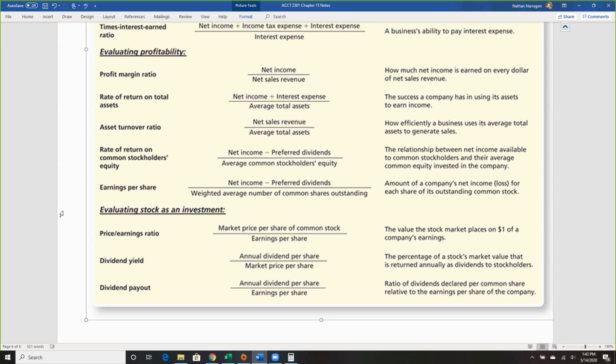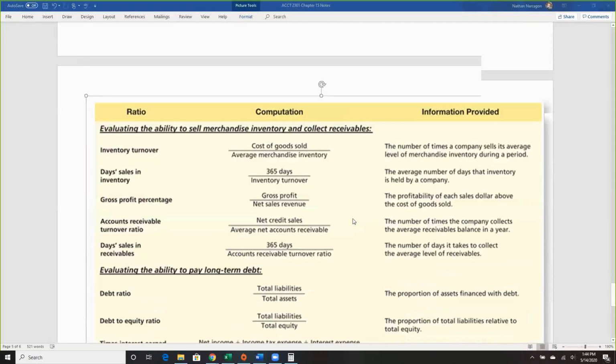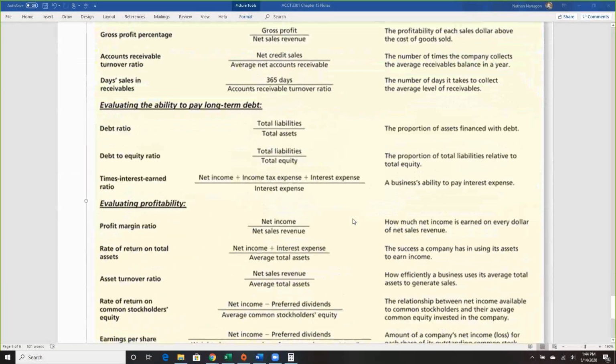So, are there any questions regarding Chapter 15 and the tons and tons of formulas? You just want to see these in action, don't y'all?